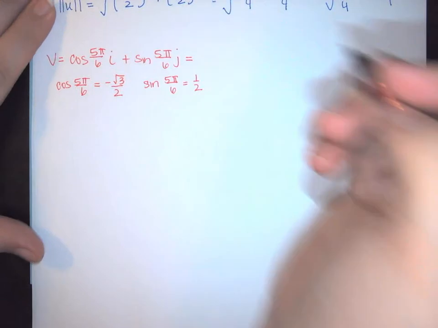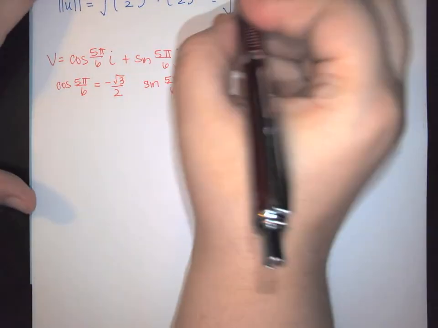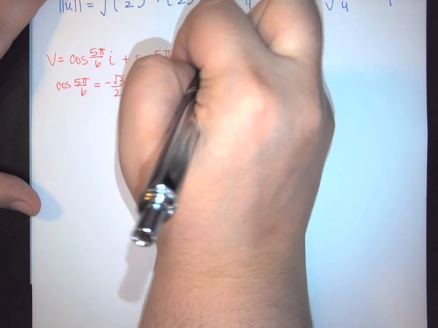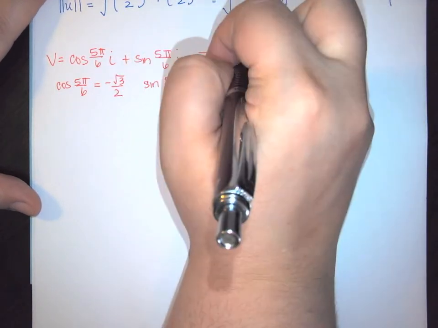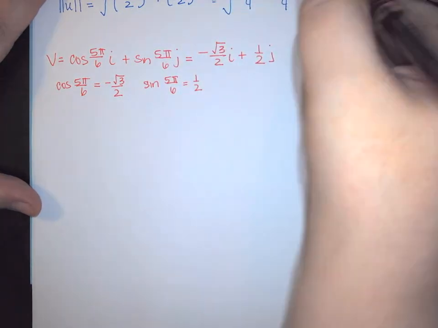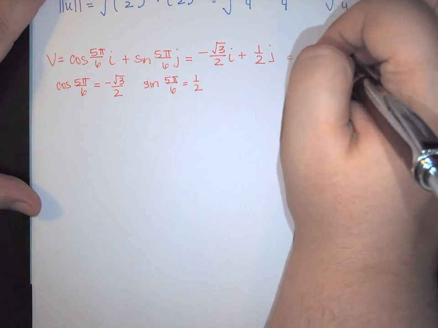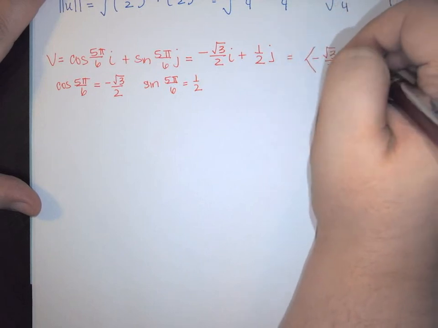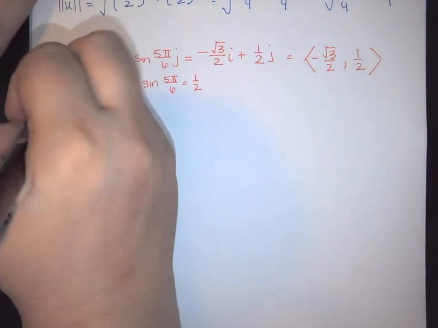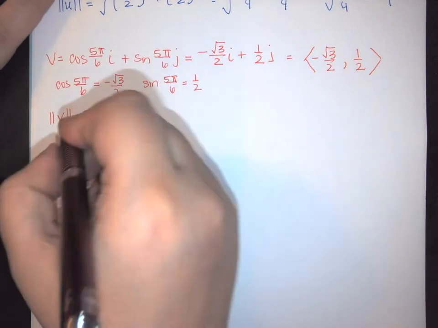So I need to plug in the information just like I did before. So this is going to be negative square root of 3 over 2 i plus 1/2 j. So my component form is going to be negative square root of 3 over 2 and 1/2. And then with that, again, I can find my magnitude. So here, we're going to start by taking the square root.